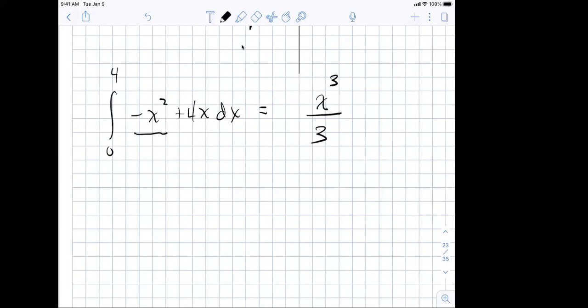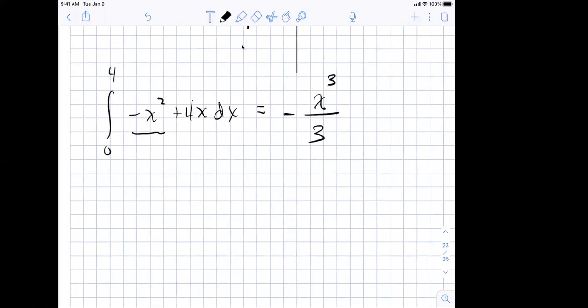It's just going to be negative x cubed over 3, because we can break this up as negative 1 times the integral from 0 to 4 of x squared dx plus 4 times the integral from 0 to 4 of x dx.